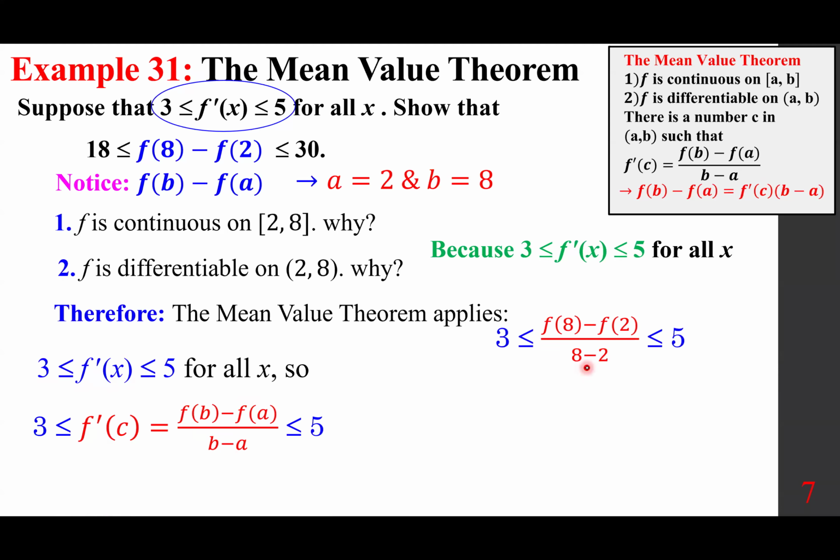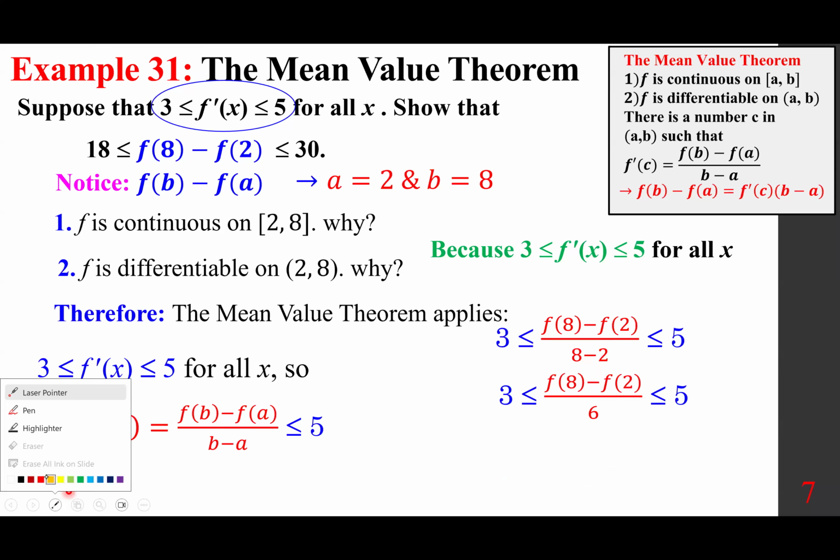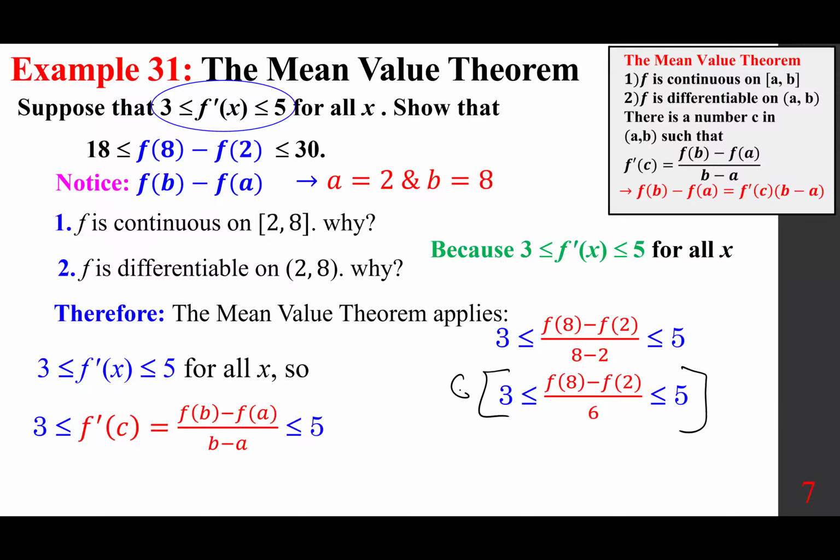Obviously, 8 minus 2 is 6, and we are going to multiply everything by 6. This becomes 18, and this becomes 30, and this goes away. And believe it or not, that's the proof, because we wanted to show that f of 8 minus f of 2 is between 18 and 30, and we just showed that.